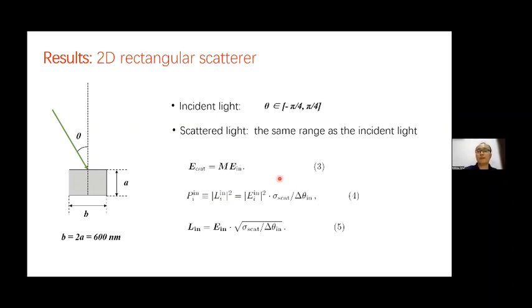So we can derive this expression for Li in. Then by using this result, we can get the column vector L in expressed by the field column vector E in multiplied by a constant value.